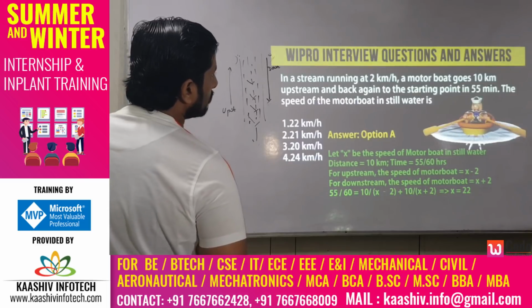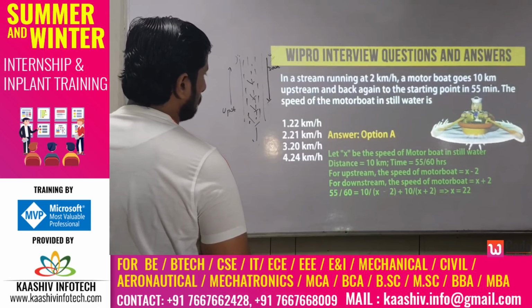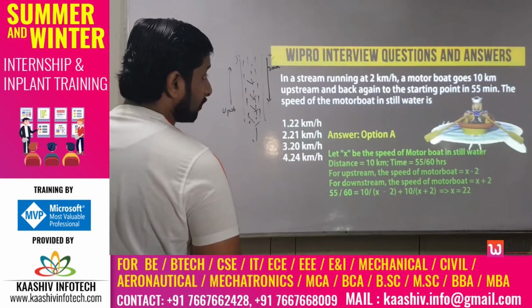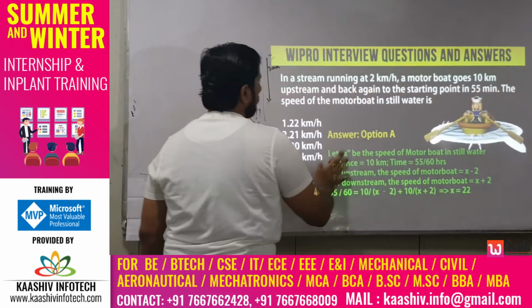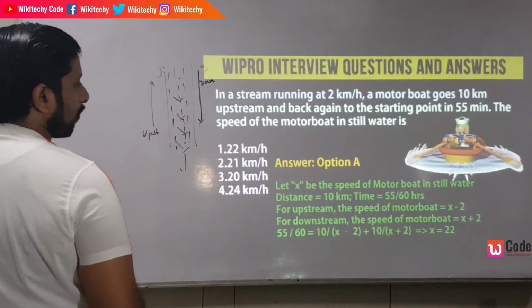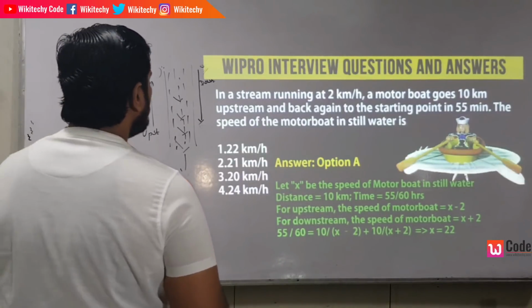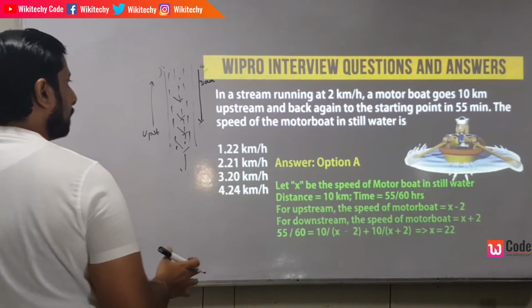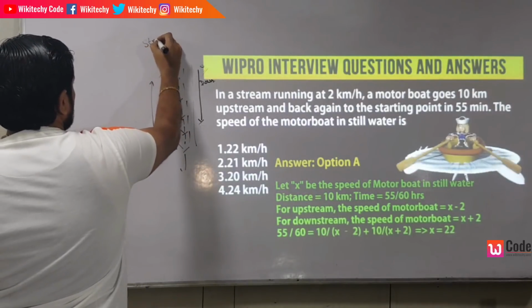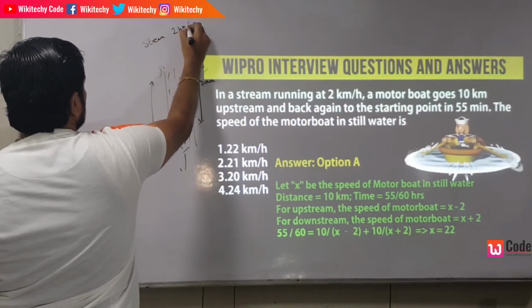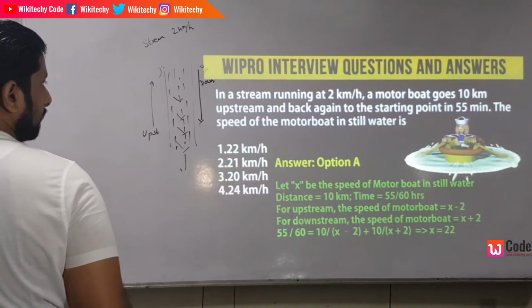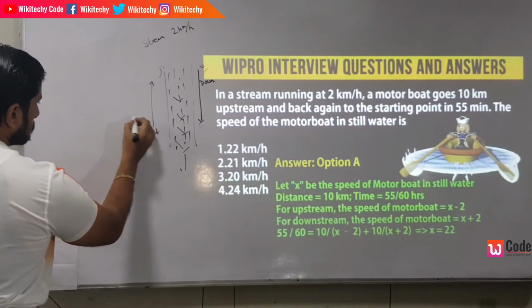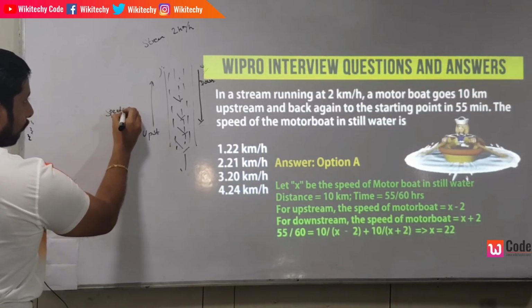In a stream running at 2 km per hour, a motor boat goes 10 km upstream and back again to the starting point in 55 minutes. Oh, it's not in hours, it's in minutes. The speed of the motorboat in still water is what? That's the question. The stream is running at 2 km per hour.